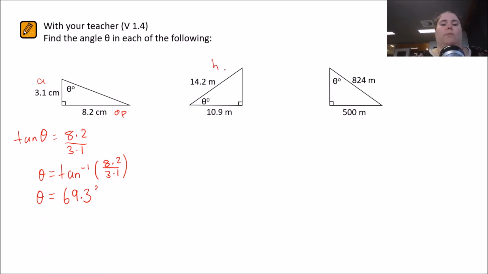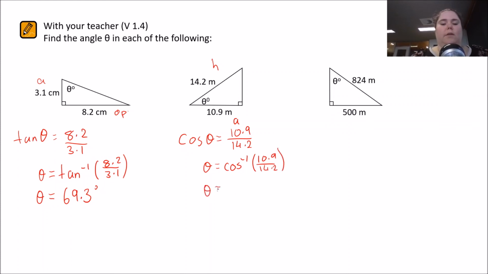So over here we've got hypotenuse and adjacent. So that's cos theta equals 10.9 over 14.2. So theta equals arc cos of 10.9 over 14.2. Theta equals 39.9 degrees.